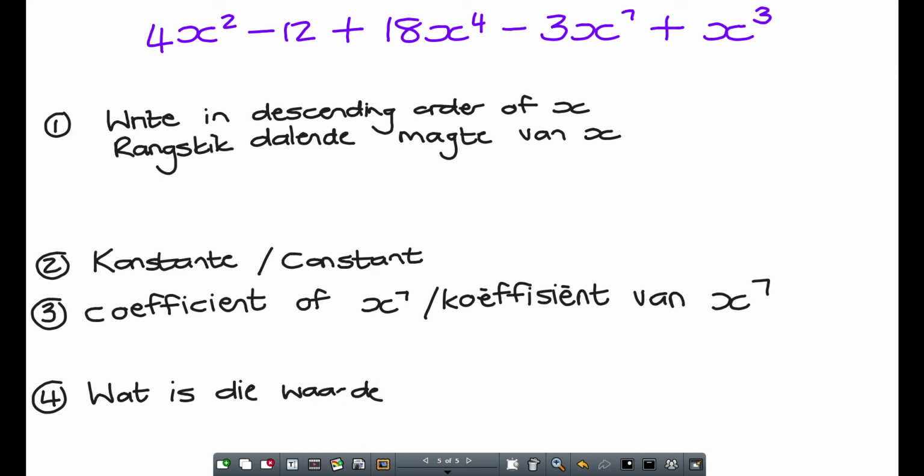Doen nommer 2. Number 2, I want the constant value, die konstante. So, nou klaar is. Dus net gou hierdie 4 vrae antwoord en dan begin jy.